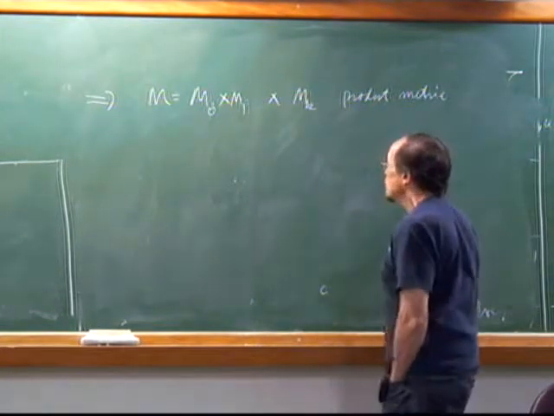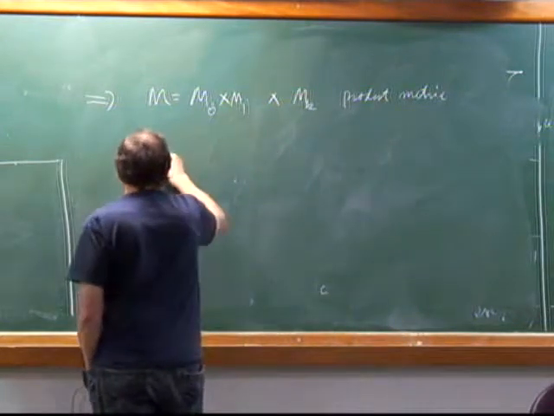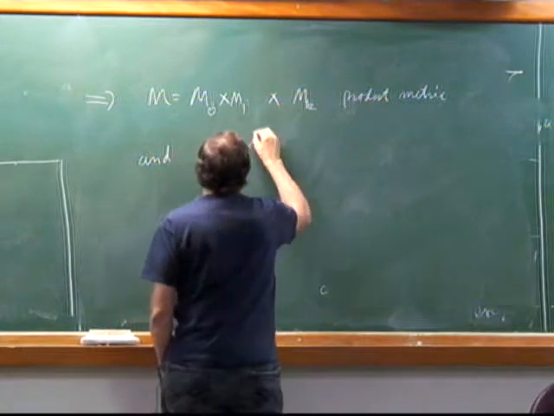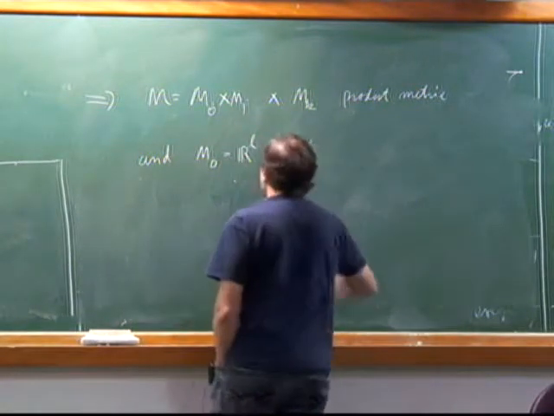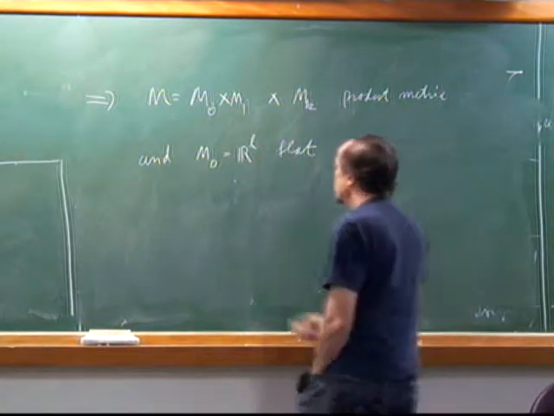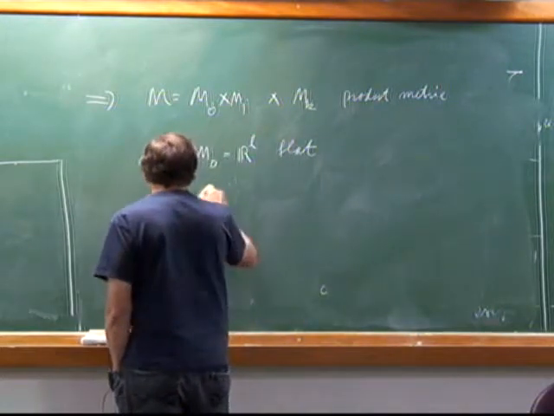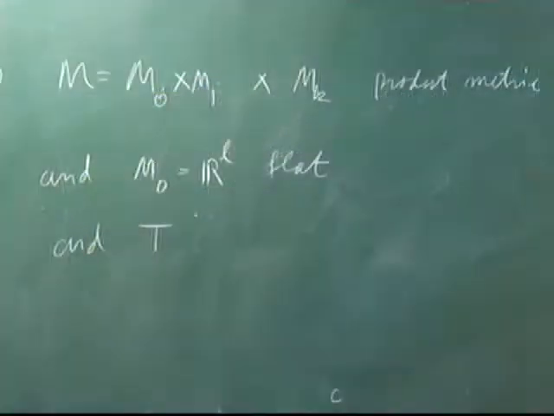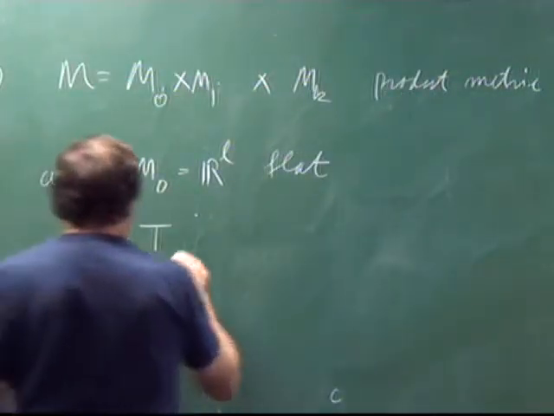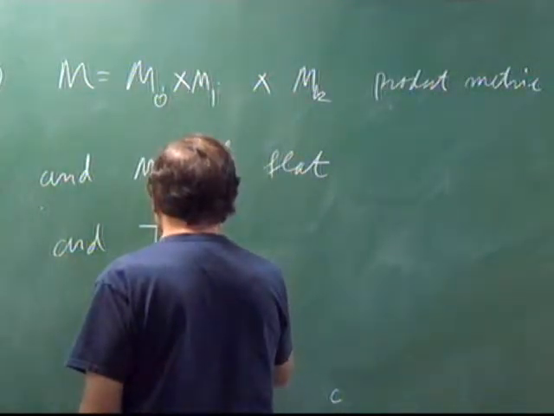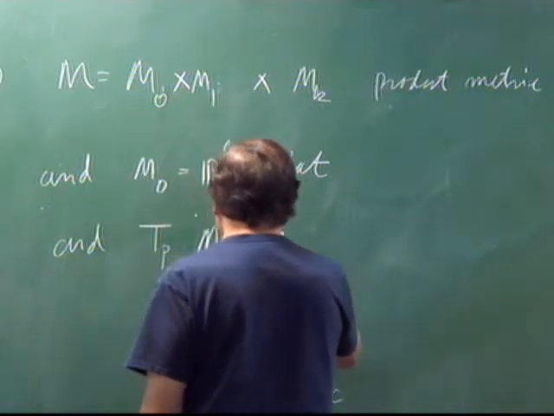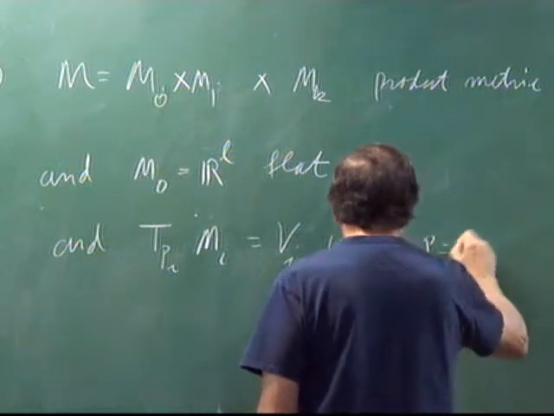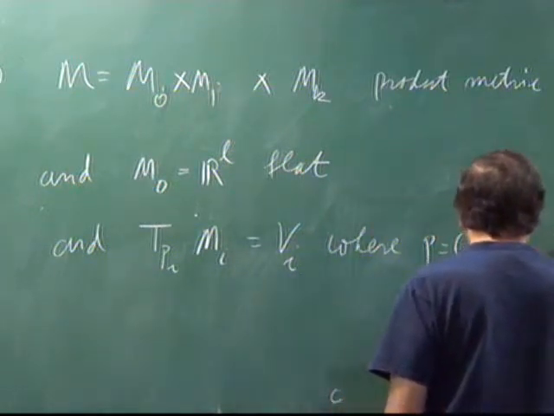So the metric splits as a product metric, and M0 is flat. And the tangent space of Mi at Pi is Vi, where P is equal to P0 up to PK.